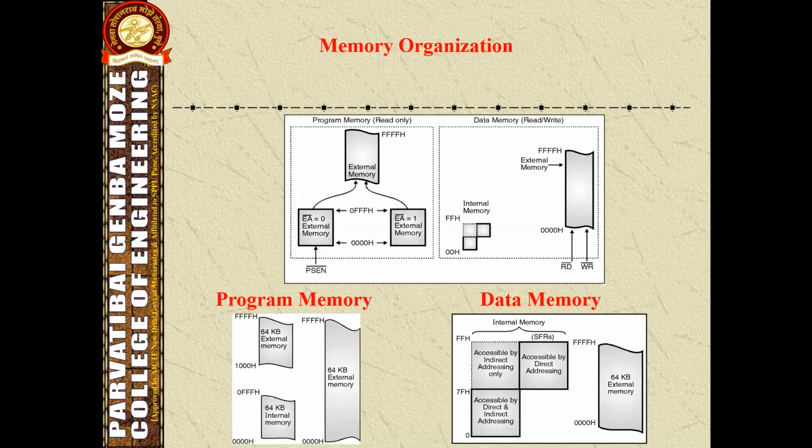The upper 128 bytes and SFRs occupy the same block of address space but are accessed separately. Here, the internal memory is divided into these three blocks.